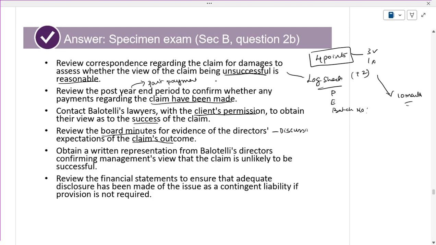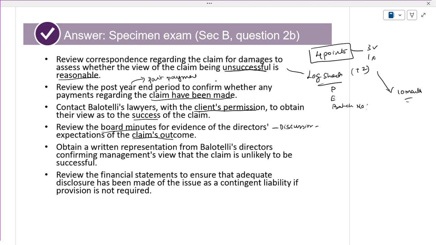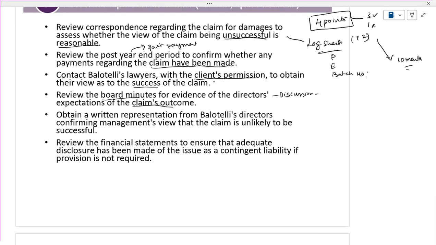If it is a serious matter, they will take it up very seriously; if it is not that serious, they will push it down the line. Obtain representation from the directors that the claim is unlikely, and discuss with the lawyers to get in writing why the claim will not be successful.